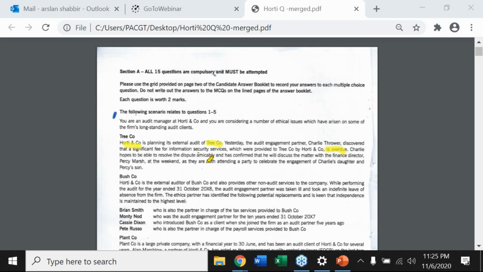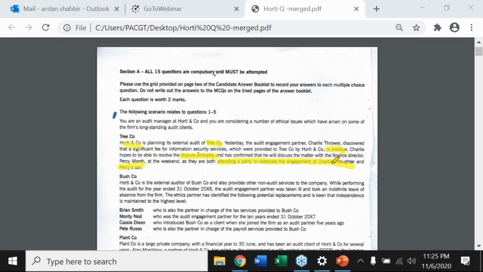Charlie hopes to be able to resolve the dispute amicably and has confirmed that he will discuss the matter with the finance director Percy at the weekend, as they are both attending a party to celebrate the engagement of Charlie's daughter and Percy's son.